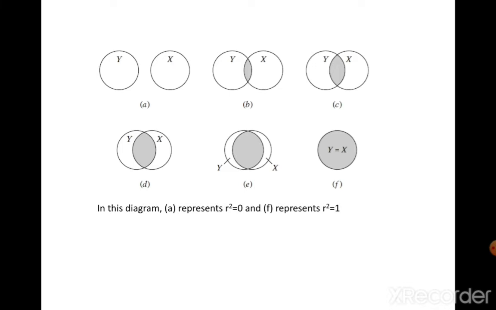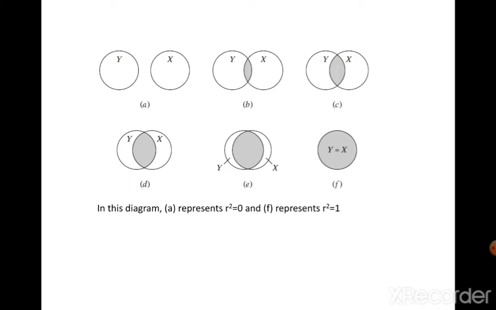And F represents the other extreme where y and x entirely coincide. That is, all the 100% of the variations in y are being explained by variations in x. So you're talking about a perfect fit of the regression line.